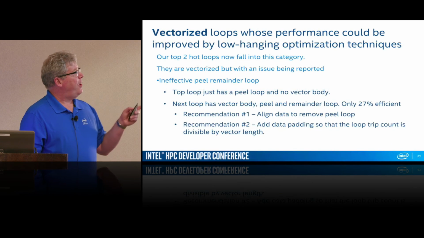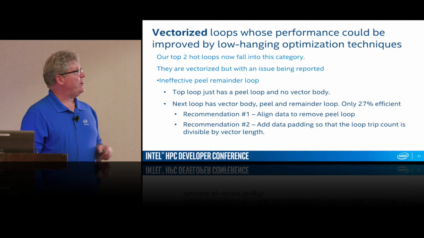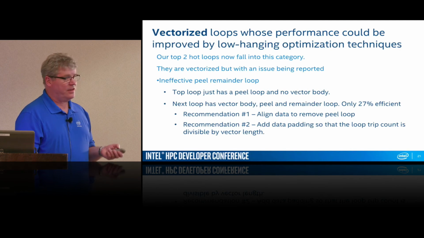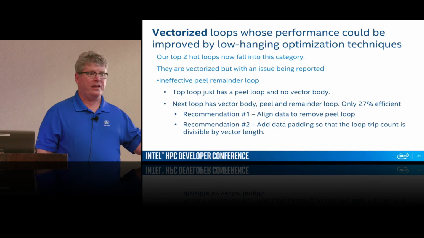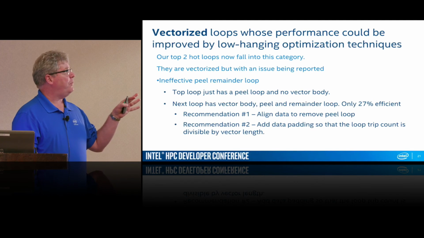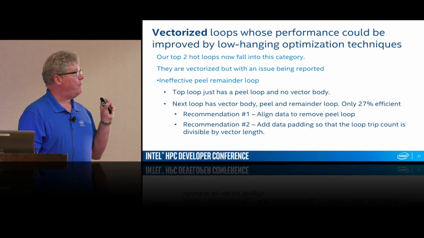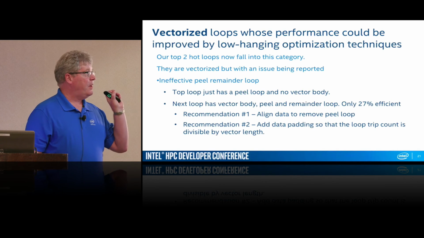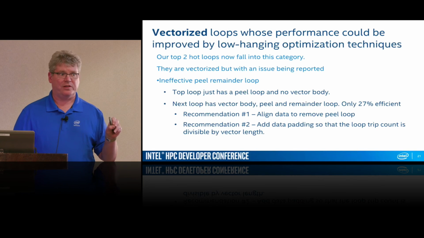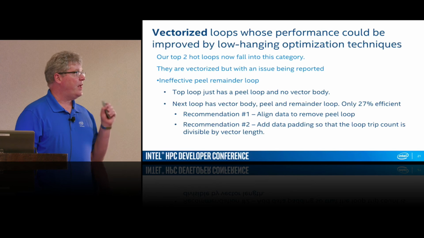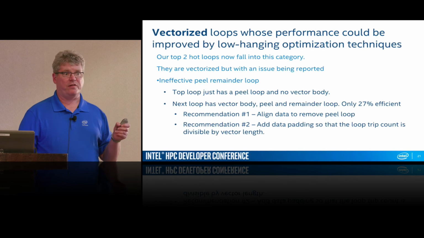So finally, well, not finally, but this next category is vectorized loops whose performance could be improved by low-hanging optimization techniques. In our case, my top two hot loops now fall into this category. They're both vectorized, but there are issues being reported with the vectorization. In both of these cases, they both have the issue of an ineffective peel remainder loop being generated.